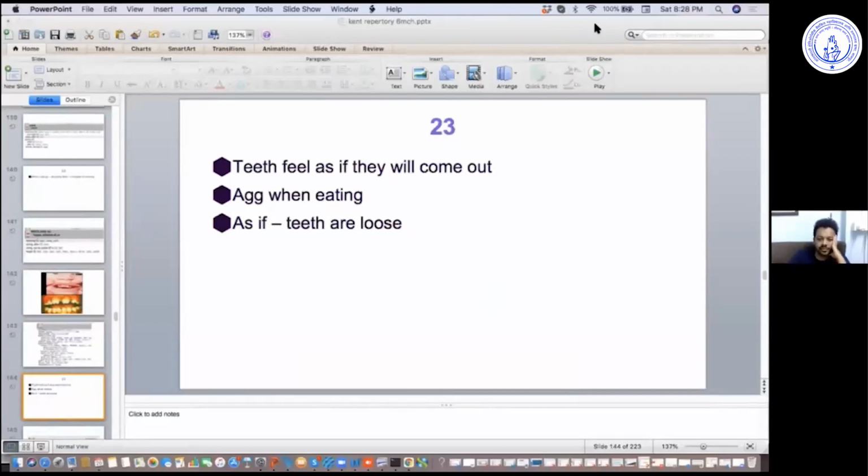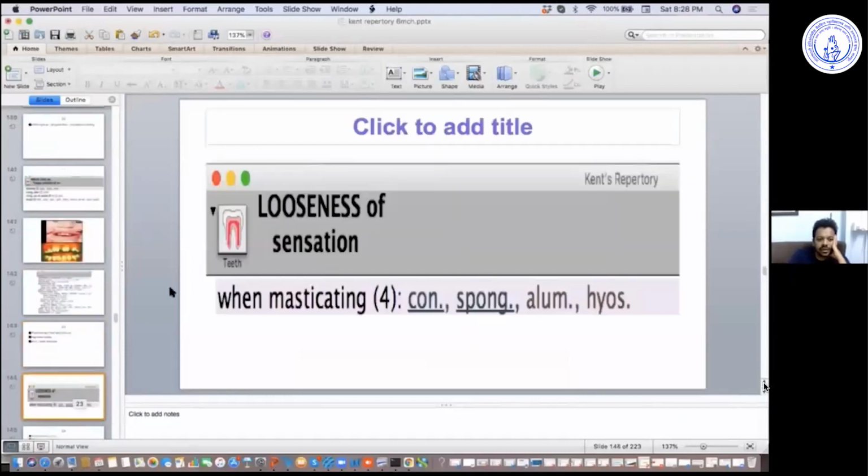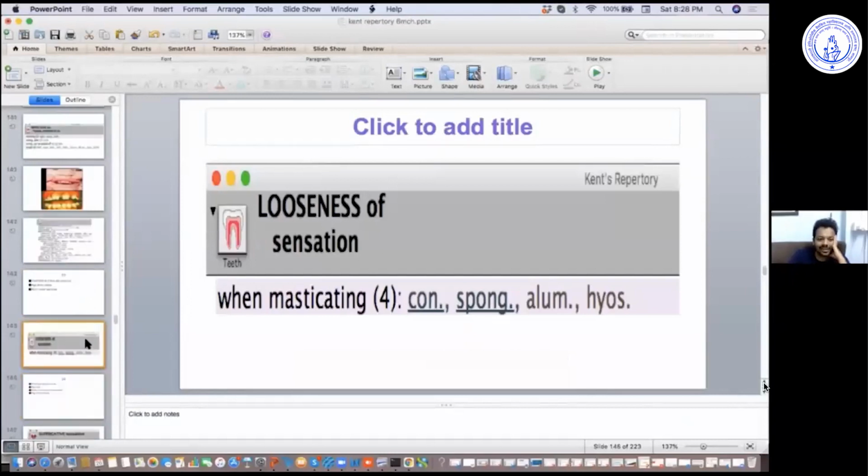Yes, Dr. Riaz. Any more questions? Yes, so what is the rubric? Teeth looseness, sensation of, when masticating. Acha?